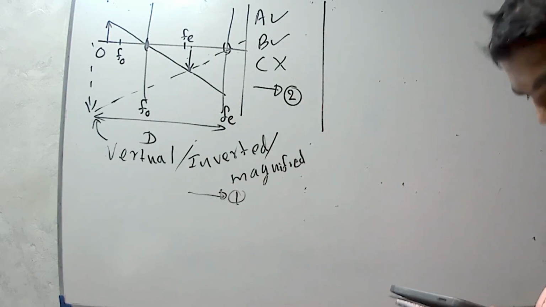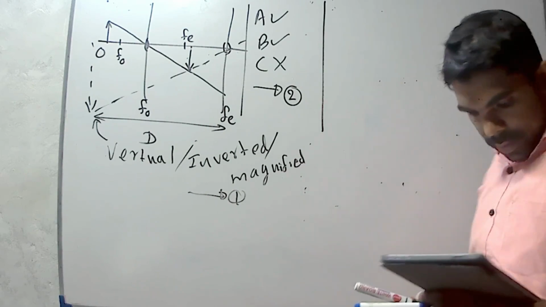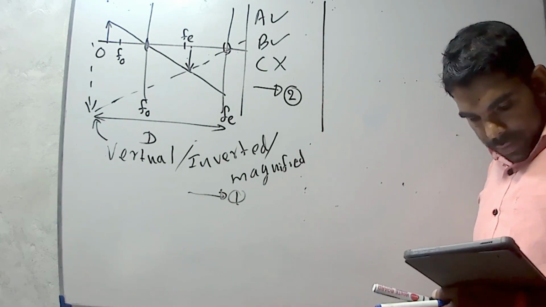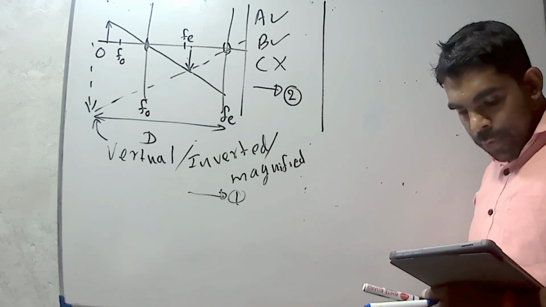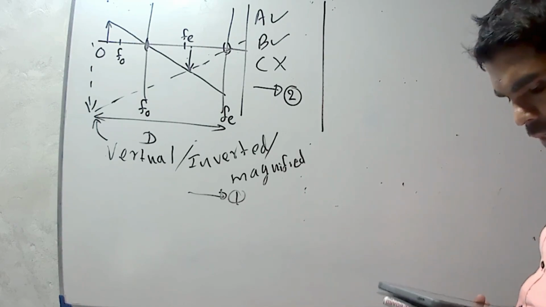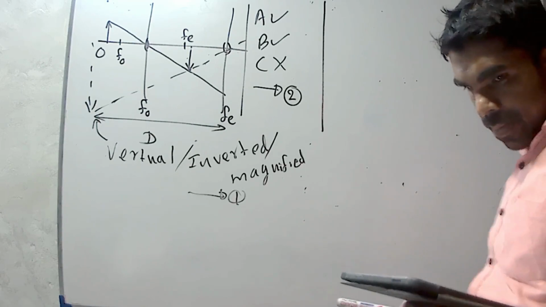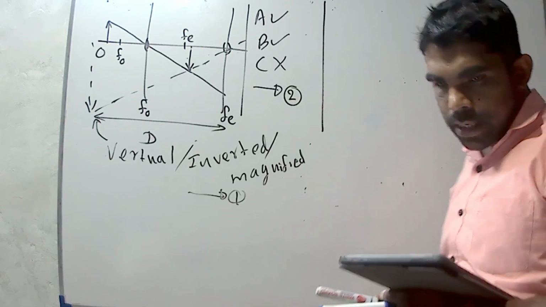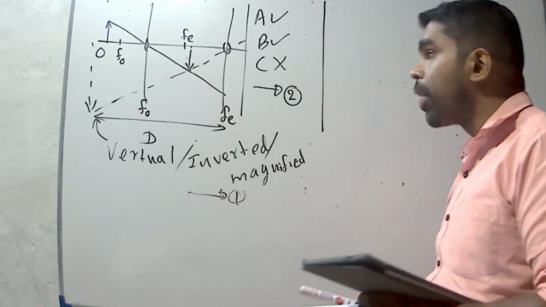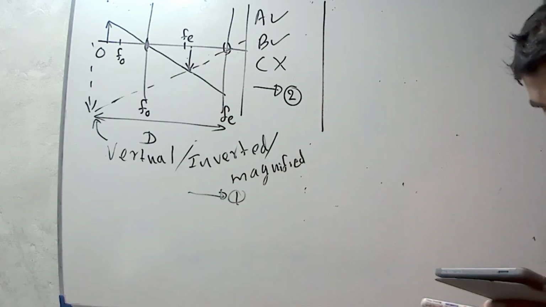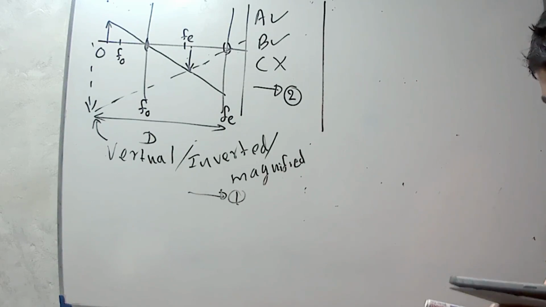3. Separation of lenses is much greater than the focal length of objective or eyepiece. Yes, it is also correct. Separation is greater than focal length. Then part 4, final image formed by microscope is virtual. Yes, it is correct.